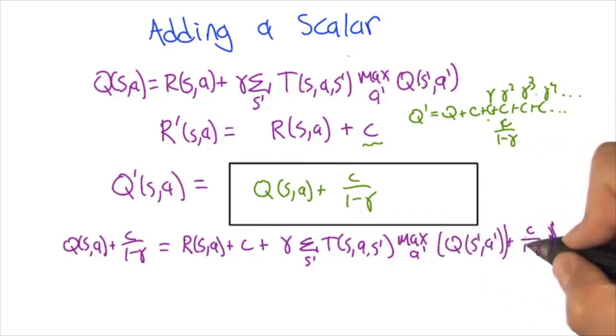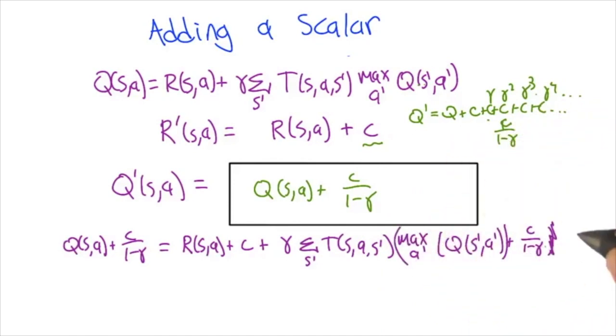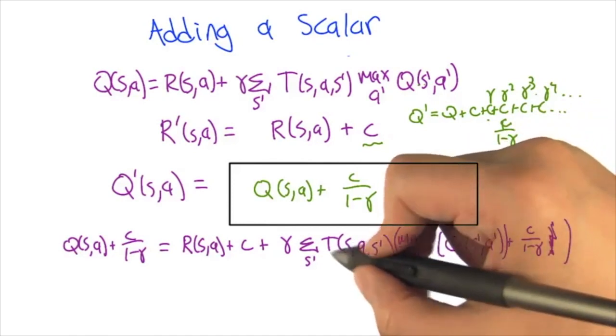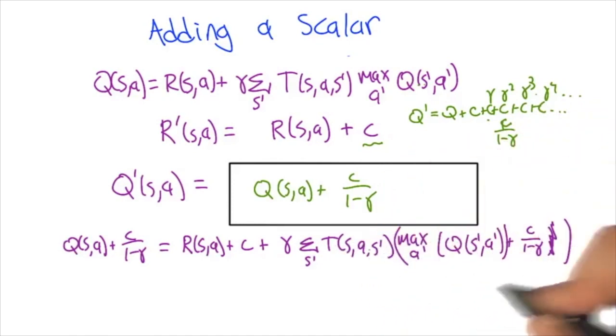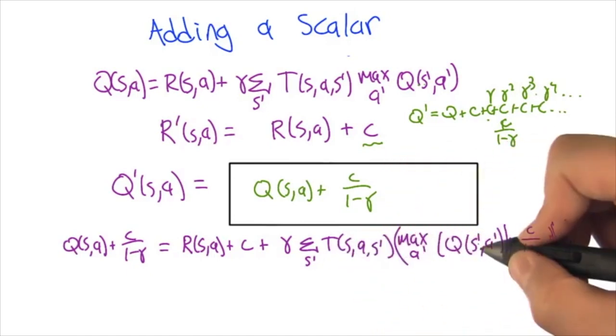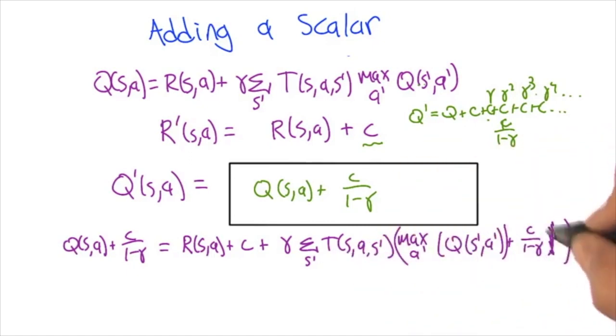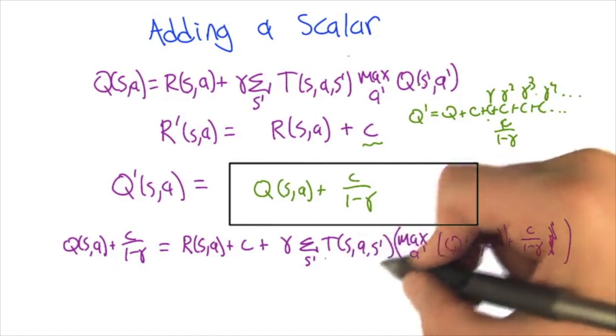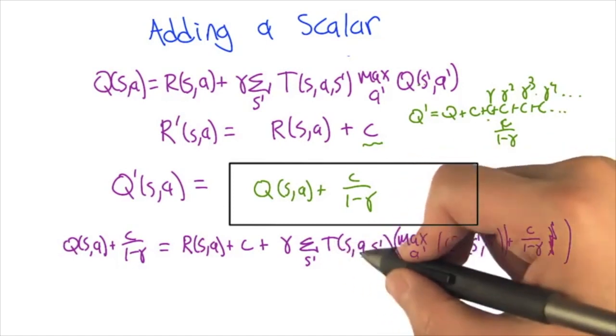So we come out of the max, but we're still inside the sum with the transition probabilities. So what happens to the transition probabilities here is this gets multiplied by this just as before, plus it's also getting multiplied by this, but this is a constant. It doesn't depend on S prime or anything like that. And the sum that we're taking is a bunch of coefficients that all add up to 1.